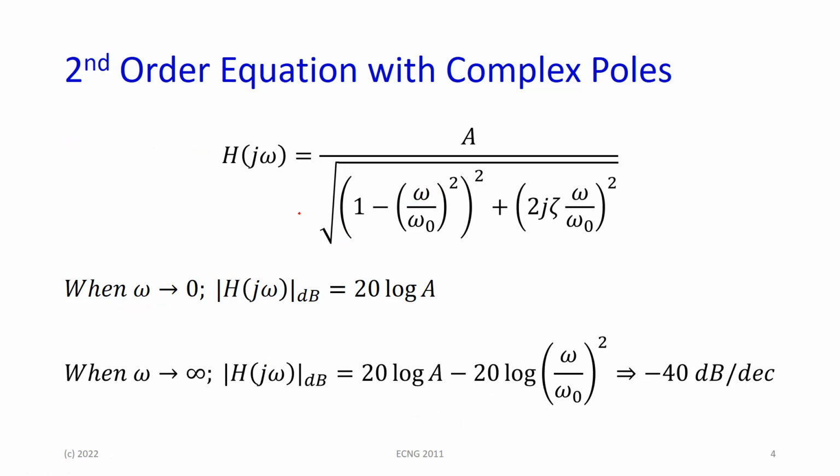When omega gets closer to 0, or omega over omega naught is much less than 1, all right, then this basically drops off and this basically drops off. So if you look at the low frequency response, as you get closer to 0 here, omega going towards 0, this basically becomes 20 log of A. That's the response. So the response would be 20 log A.